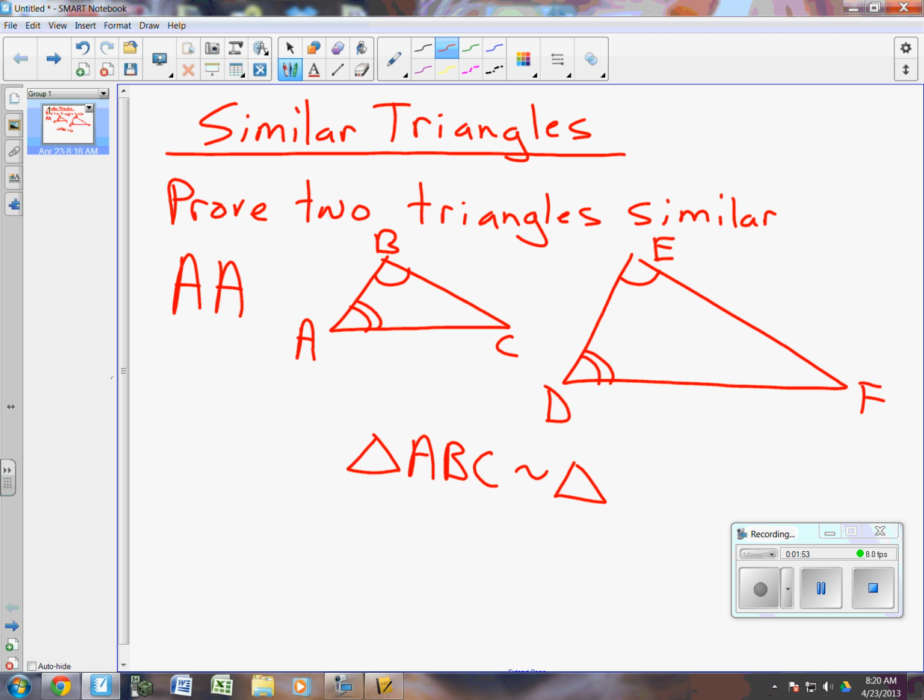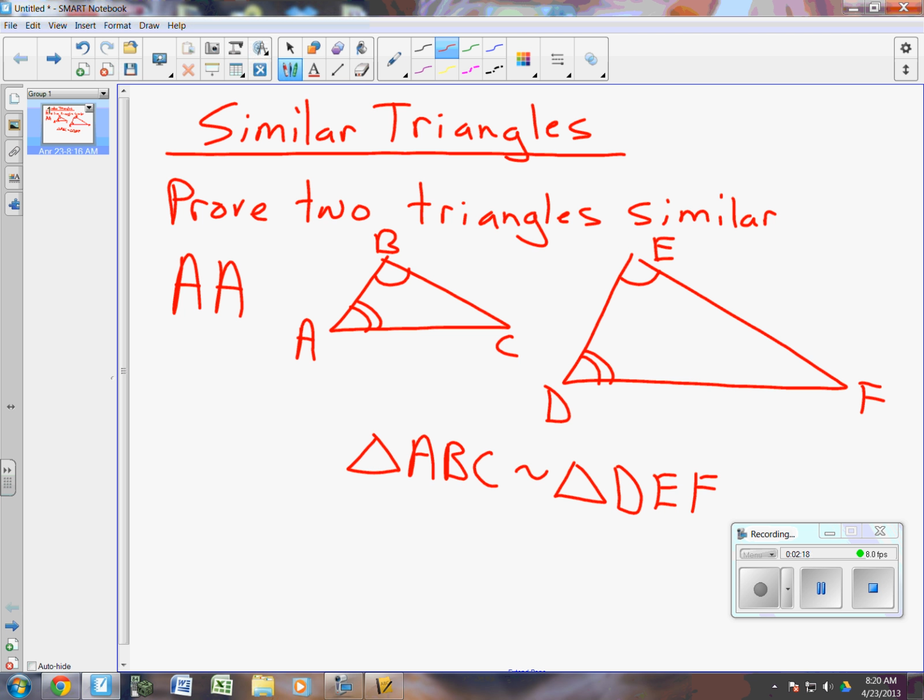So I have A written first. Which angle does A correspond to? D. So D would be first over here. Then I went to B in this first one, and B corresponds to which one? E. And then that leaves F. So we have triangle ABC is similar to triangle DEF. Do you remember doing that?